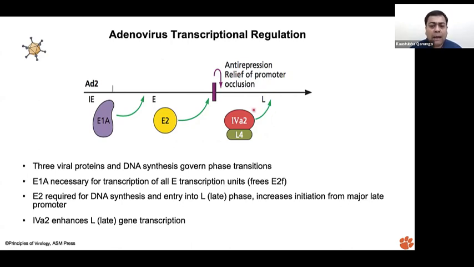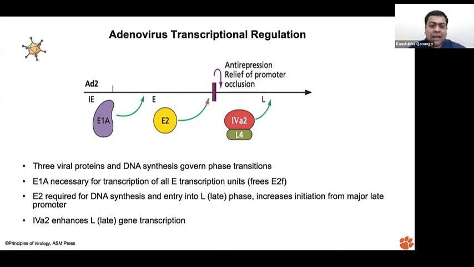And then in this phase it will also produce these proteins 4A and L4. And the 4A and L4, although they are being produced in the late phase, will enhance the expression of the late phase.